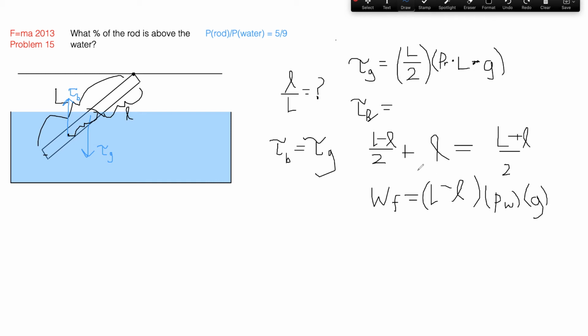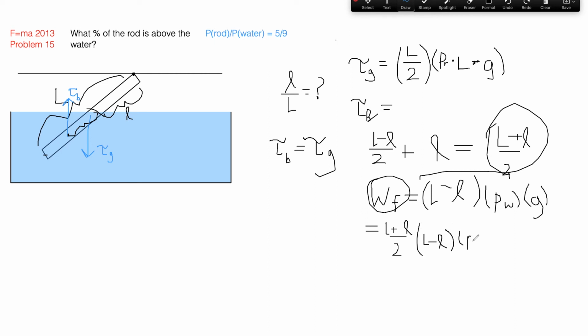So the torque of the buoyant force is the weight of the fluid times the distance: (l plus (L minus l)/2) times (L minus l) times the density of water times g.